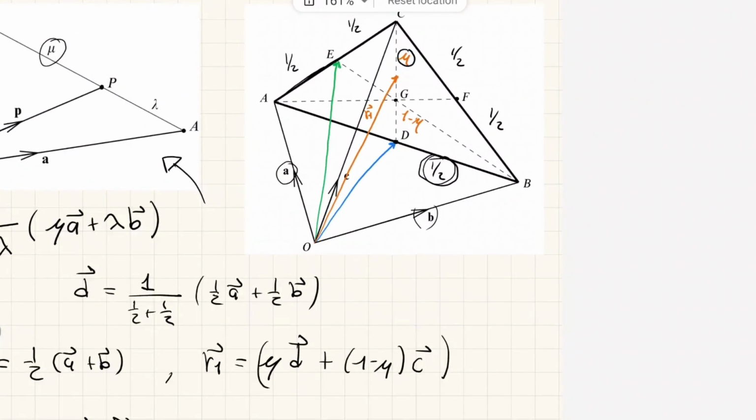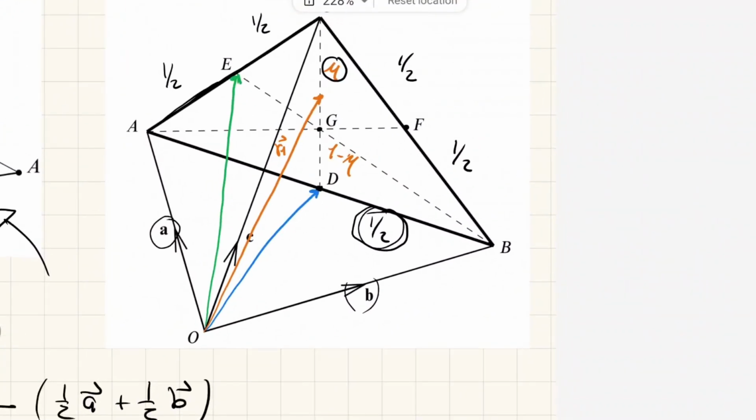So again, we are going to look at a segment that is being created by the point E, but now with the point B, right? So we have the segment EB, just as before we had the segment CD.